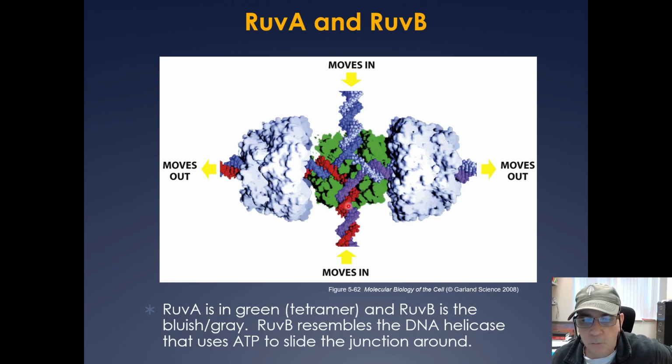You have RuvA here in green, and it's a tetramer, and then you have RuvB, which helps move the DNA out, and that pulls the DNA in, so you can have that branch migration. You can think of RuvB as looking very similar to a DNA helicase, and it uses ATP to slide the junction around.